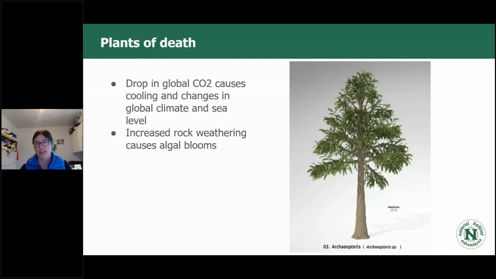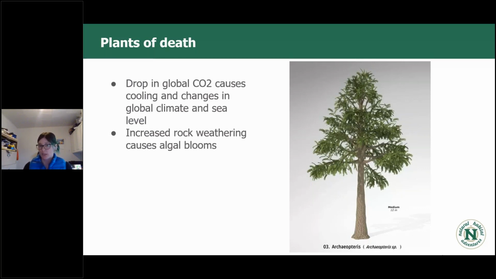They secrete a little bit of acid, break down rocks and release nutrients so that they can absorb them for their own needs. This, as well as dropping leaves and things like that, is how soils are built. Before this time, soils did not exist. All of these nutrients were locked up in those rocks.